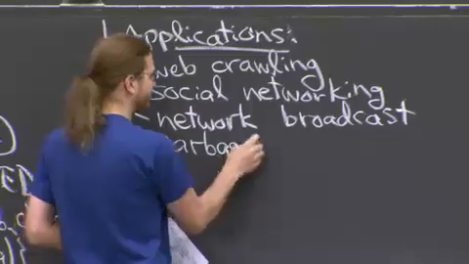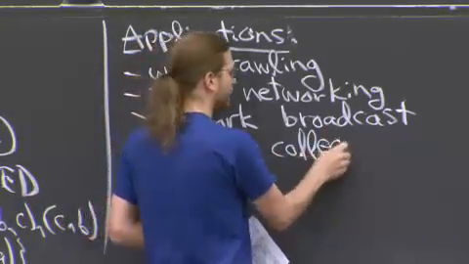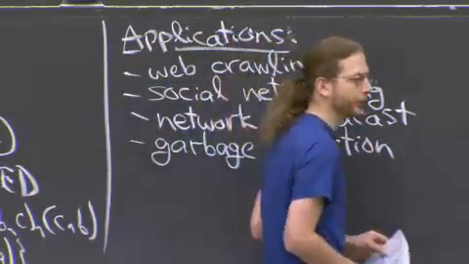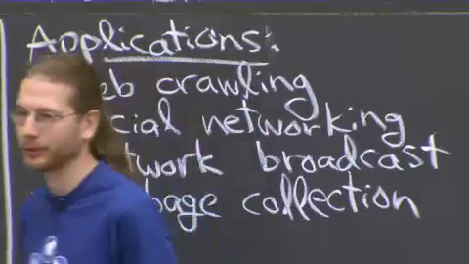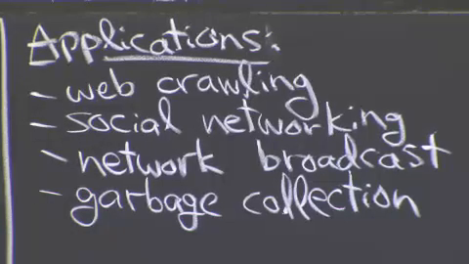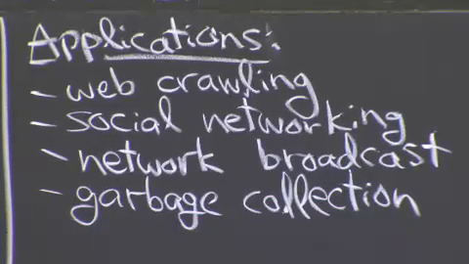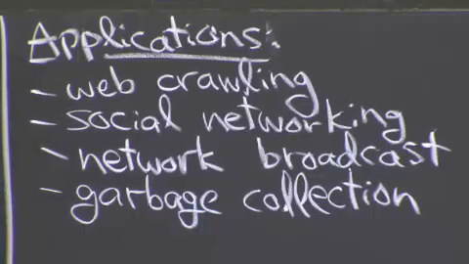Garbage collection. I hope you all know that modern languages have garbage collection. This is why you don't have to worry about freeing things. Even in Python, even in CPython, I learned, there is a garbage collector as of version 2.